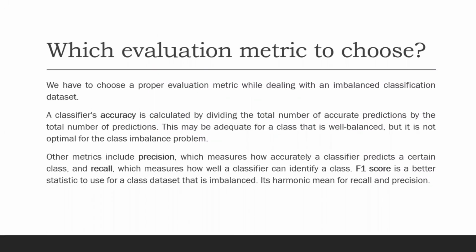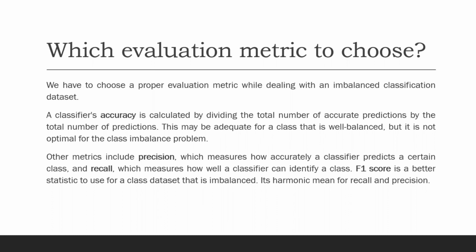You might be wondering which evaluation metric to use for an imbalanced classification. We have to choose a proper evaluation metric while dealing with an imbalanced classification dataset. A classifier's accuracy is calculated by dividing the total number of accurate predictions by the total number of predictions. This may be adequate for a class that is well balanced, but it's not optimal for the class imbalance problem.